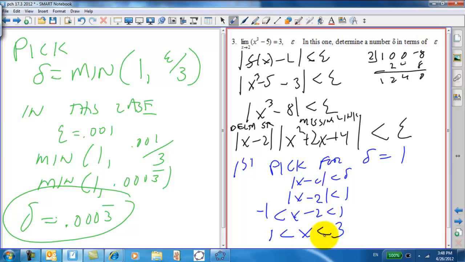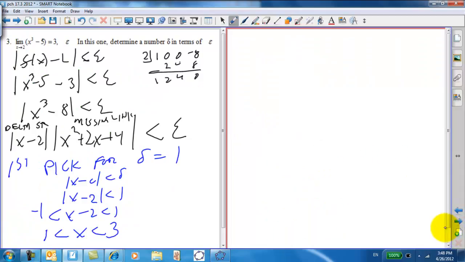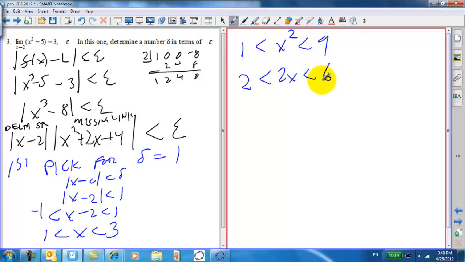So we know how big x is now, but we want to know how big this thing is. So we're going to take it in 3 phases here. I'm going to square all 3 parts. So 1 is less than x squared is less than 9. I'm going to double all 3 parts. So 2 is less than 2x is less than 6.